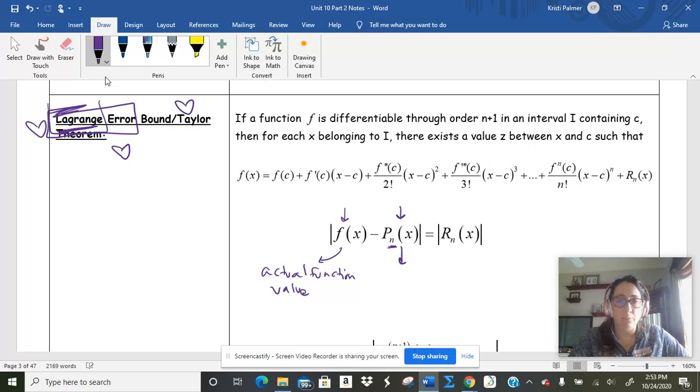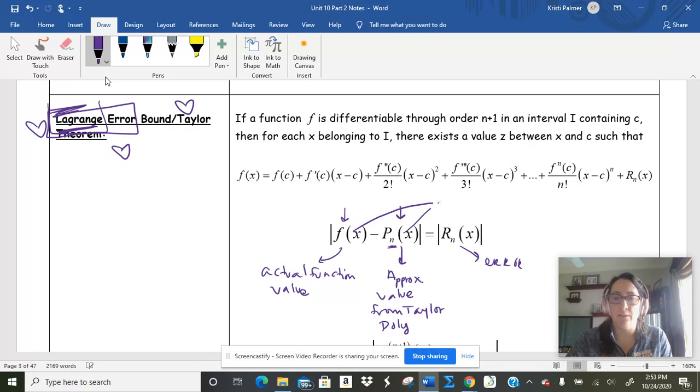This right here is the approximate value from the Taylor polynomial. And this is basically your error. This is what you get when you subtract, for whatever x they're telling you to plug in.